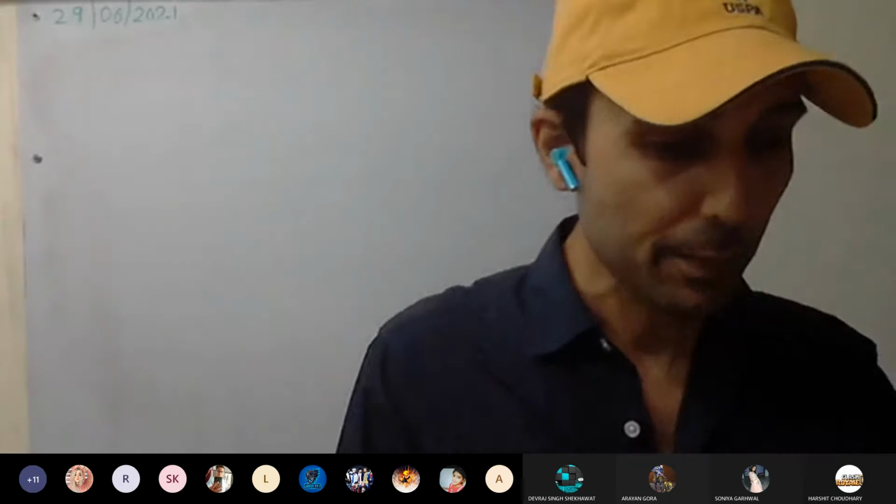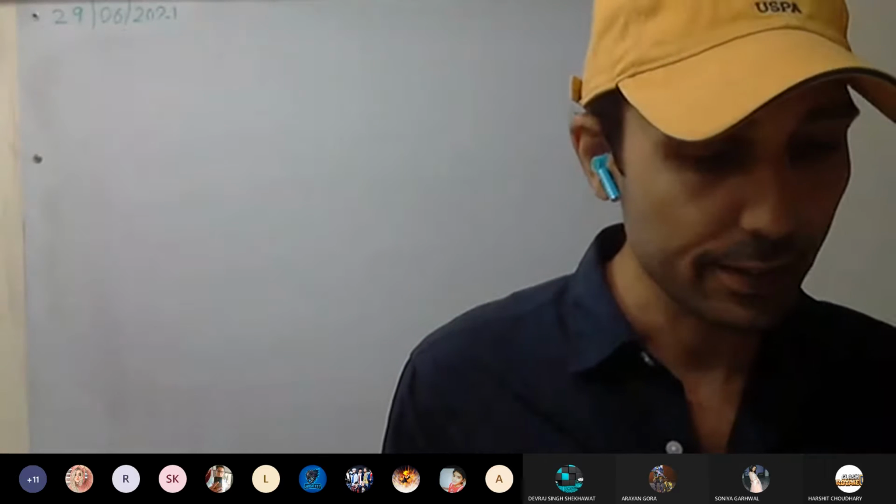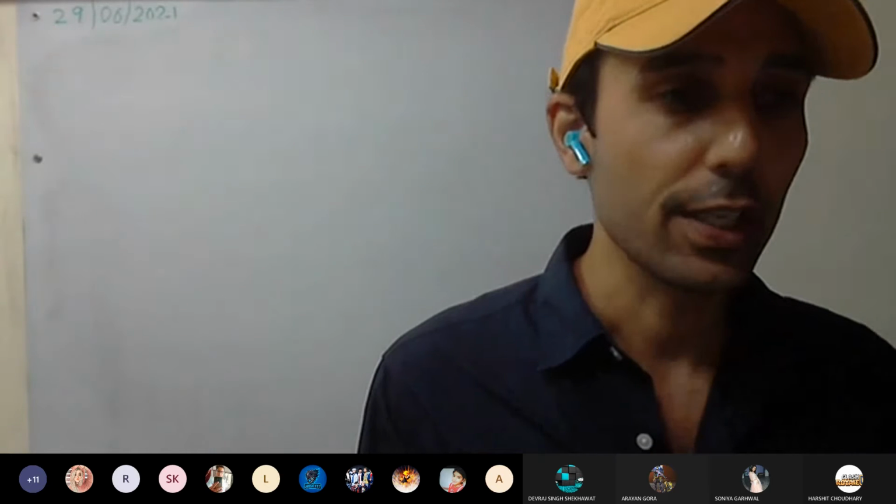So if the perimeter of a triangle is this much, and two sides of a triangle measure this and this, find the length of the third side of the triangle.